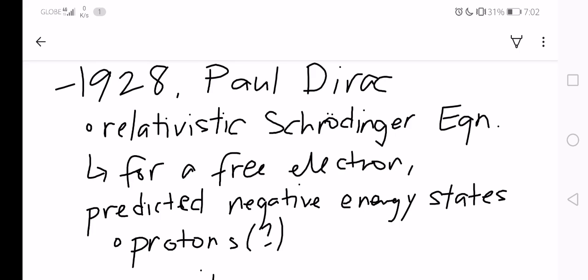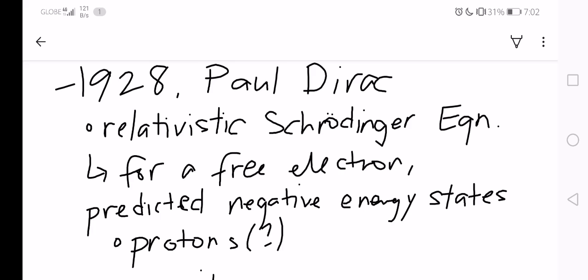To briefly explain, the Schrodinger equation defines particles in terms of waves, and it is used to explain the behavior of certain particles in terms of the wave function. So Paul Dirac created an equation which is a relativistic version of the Schrodinger equation.